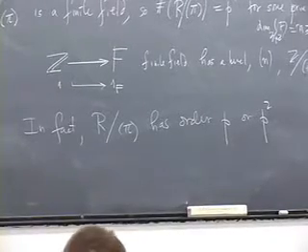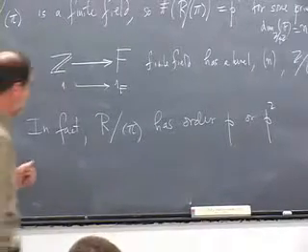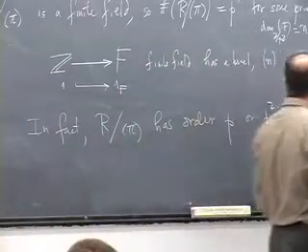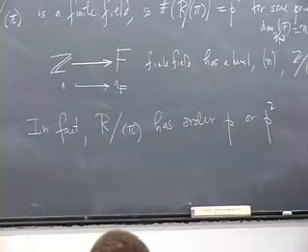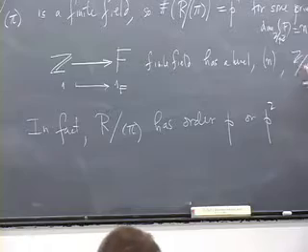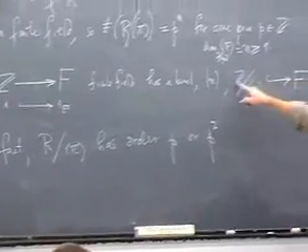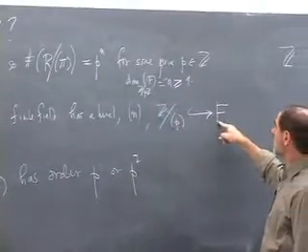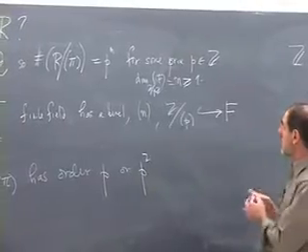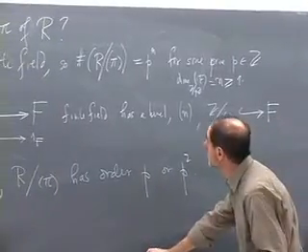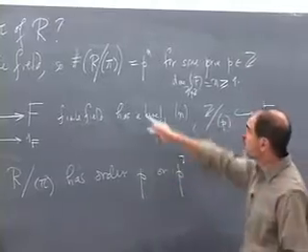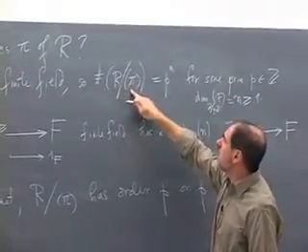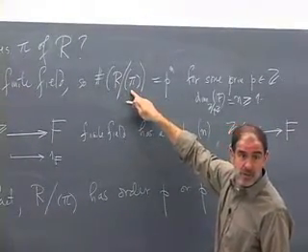Why is that? Well, if you think of it, the fact that under this canonical map, p is in the kernel, right? So that means that in this ring, multiplication by p is 0, right?